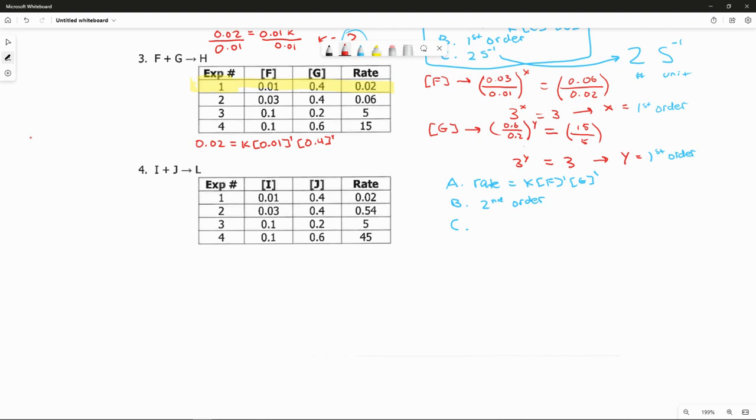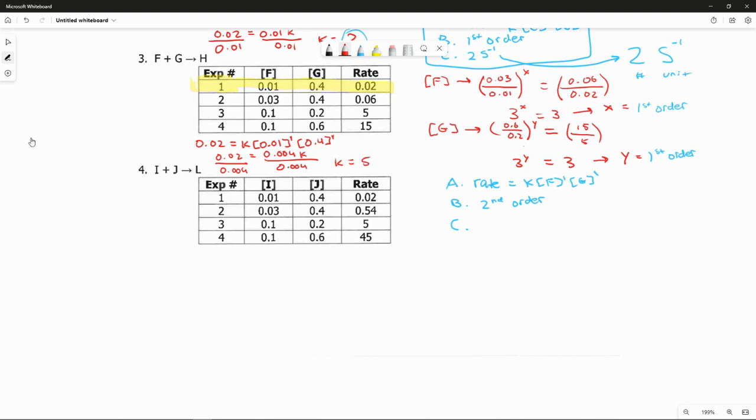So 0.01 to the first becomes 0.01, and 0.4 to the first order is also 0.4, just itself. So when we multiply 0.4 by 0.01, we get 0.004. So it's going to be 0.02 equals 0.004 K. And all we do here is divide on both sides by 0.004. The K value is going to end up as 5.